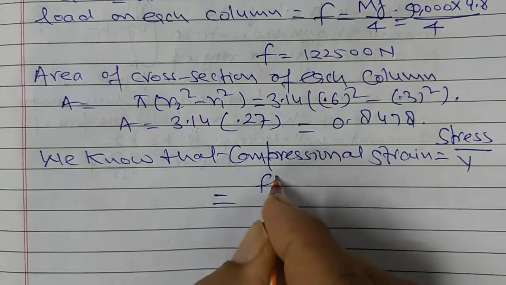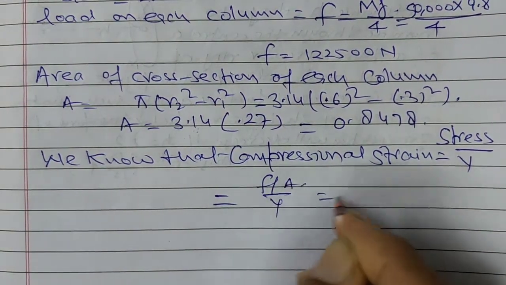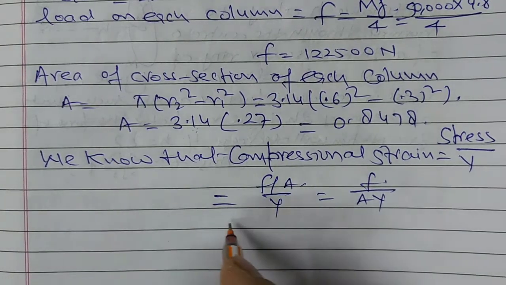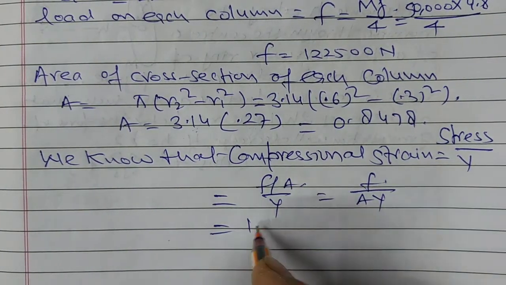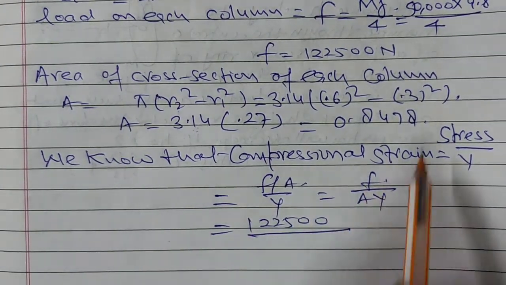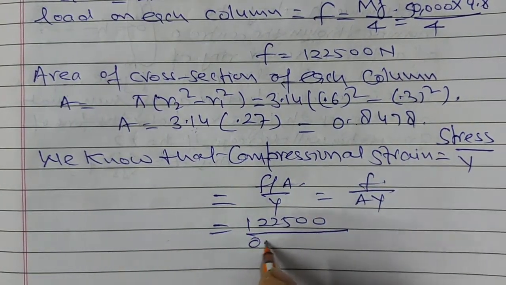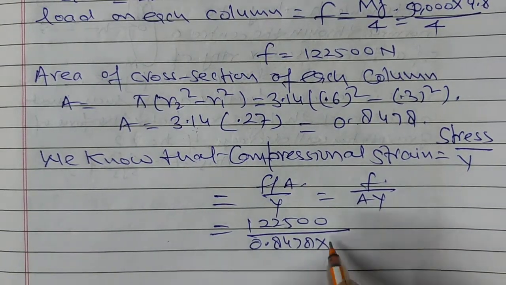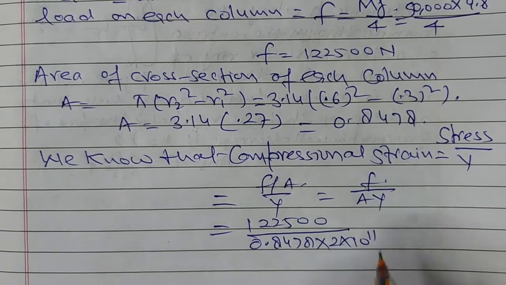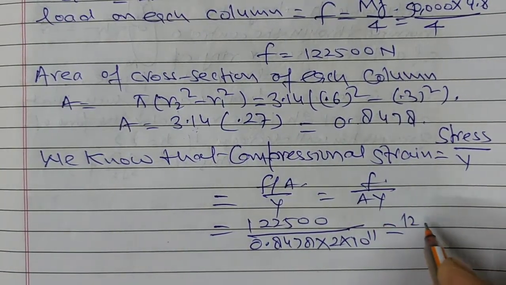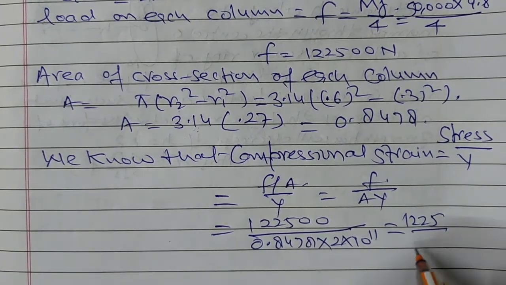Stress is force upon area upon Young's modulus, and this can be written as F upon A into Y. Now on putting values, F is equal to 122,500 and area of cross section is 0.8478 into Young's modulus is 2 into 10 raised power 11, and on solving this is 122,500 upon 1.6956 into 10 raised power 11.